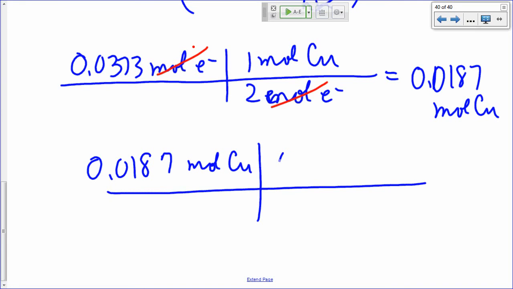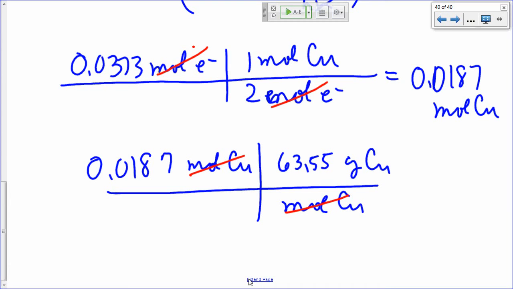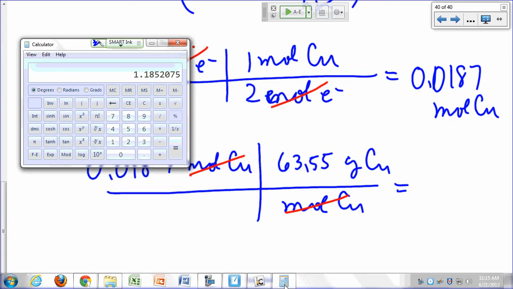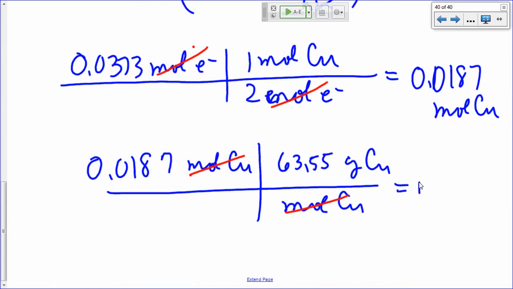What's the molar mass of copper? 63.55 grams per mole of copper. Cancel it out. That gives you 0.0187 times 63.55, 1.18 grams of copper.